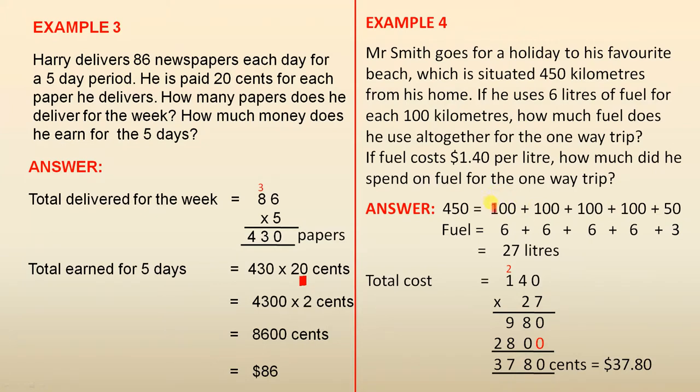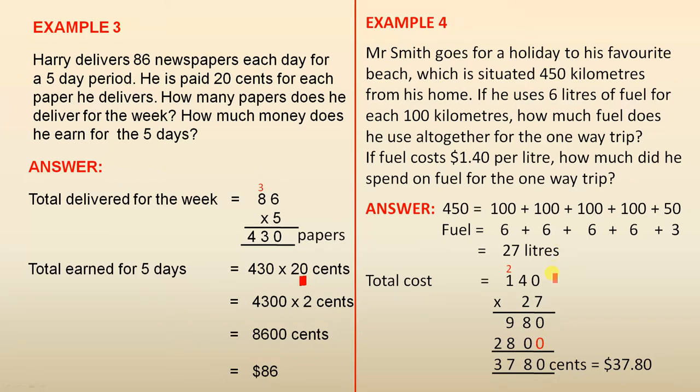Now for each 100 kilometres, there are 6 litres of fuel. So for each of these 100s, we have 6 litres of fuel. So for the 50, we must have 3 litres. So the fuel altogether was 4 times 6, that gives us 24, plus 3 is 27 litres.